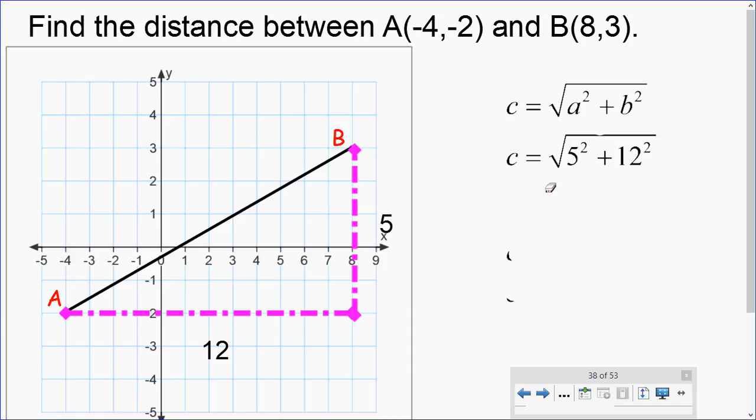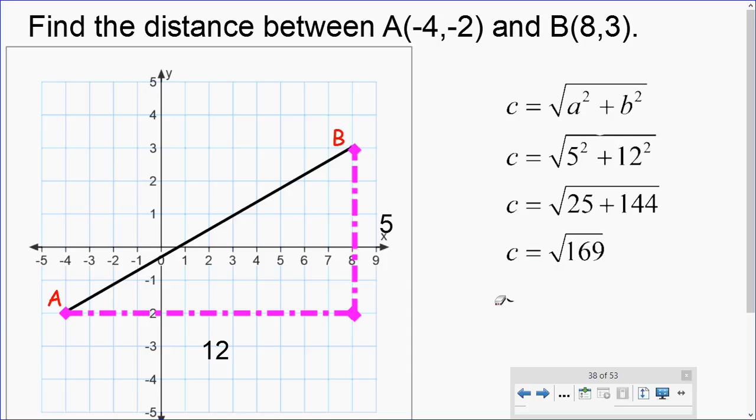Now let's solve for our answer. 5 squared means 5 times 5, which is 25, plus 12 times 12, that'll give us 144. Now we have to add 25 and 144. That adds up to 169. And remember, we have our square root symbol there. So now we have to take the square root of 169.